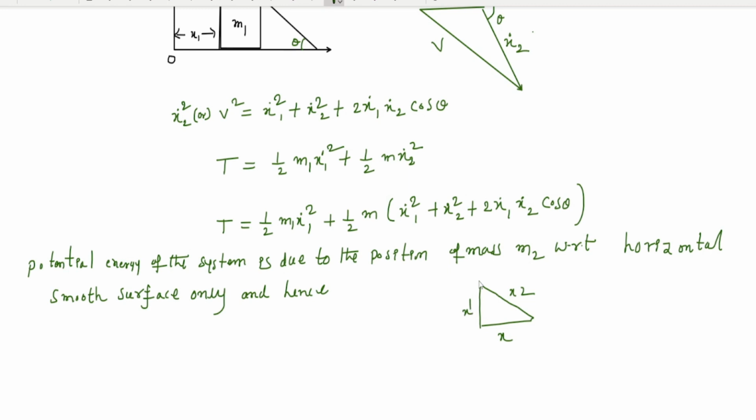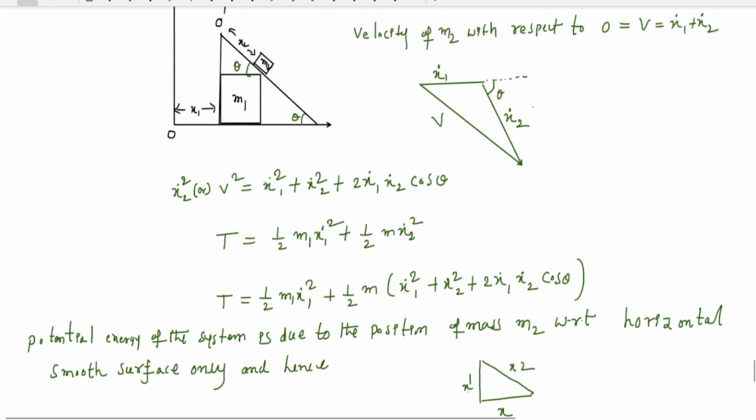So how do I derive this information here? If you look at this diagram, this is the total displacement x of the system, from here to here. Then from here to here, this is x prime, this is x2, this is x.